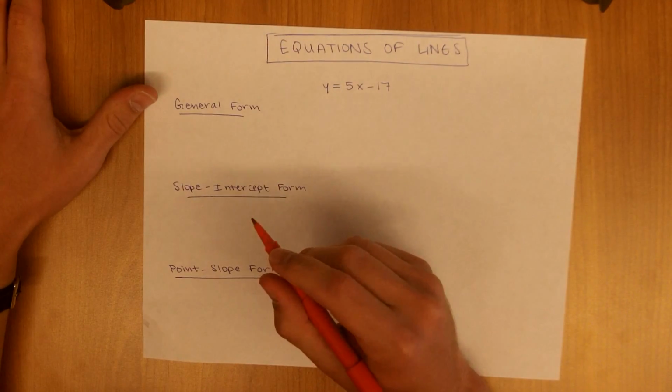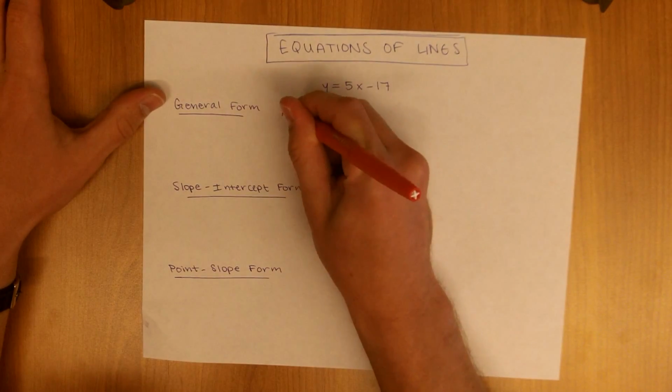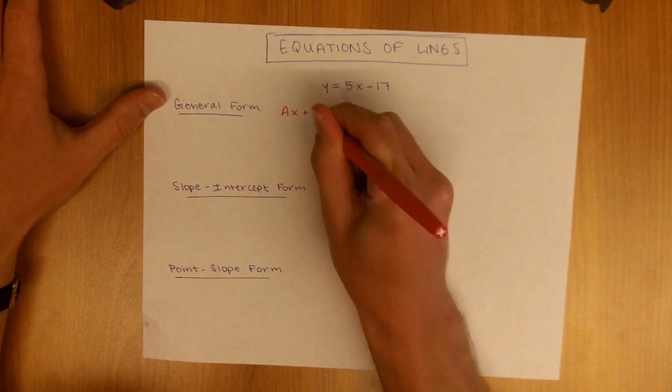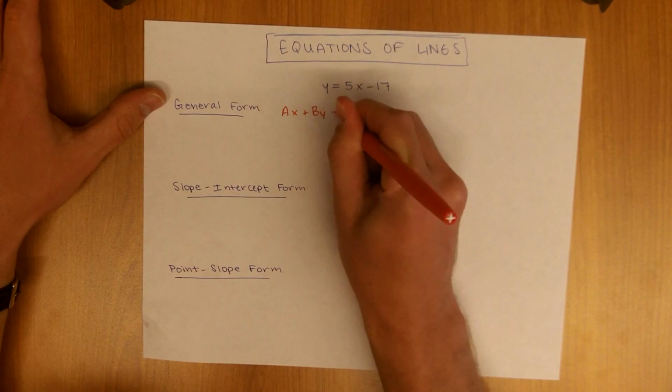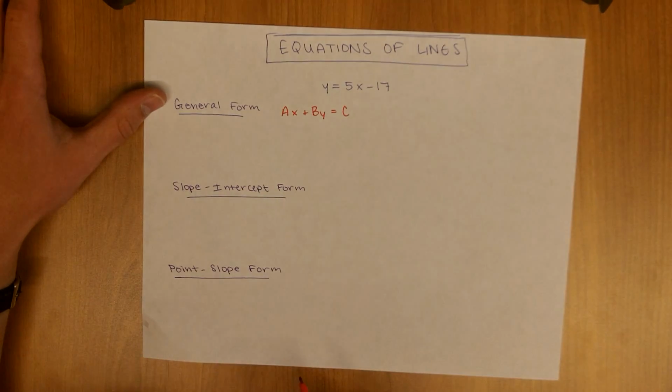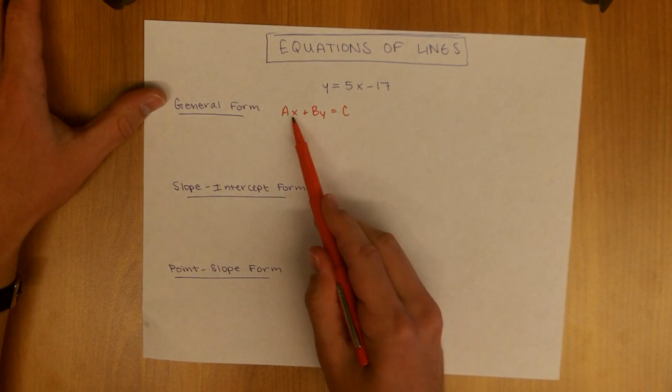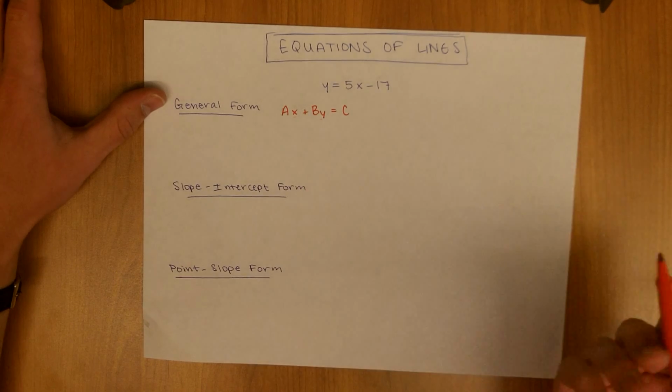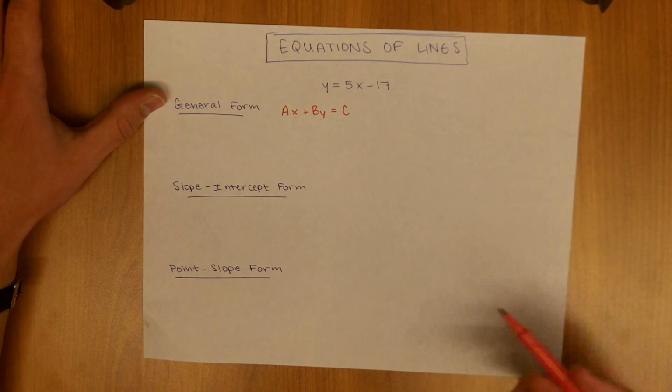And what general form looks like is ax plus by equals c. Now a and b, they're coefficients, numbers in front of variables, variables being the x and the y. C is just a value, a number.